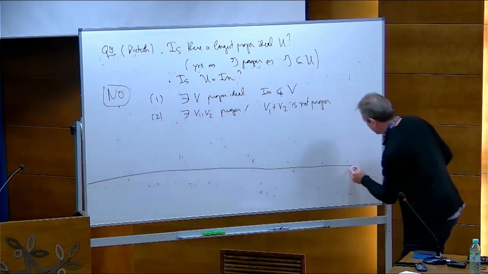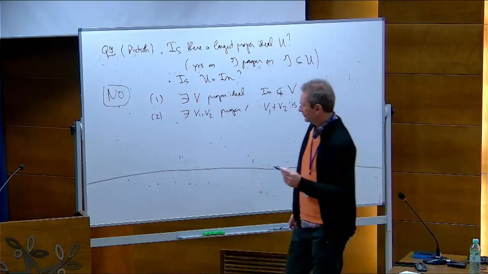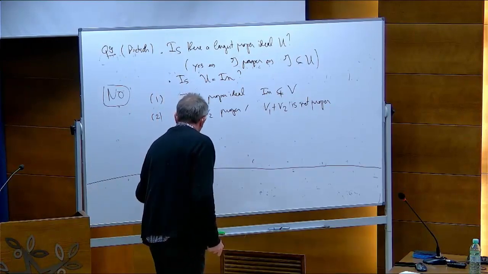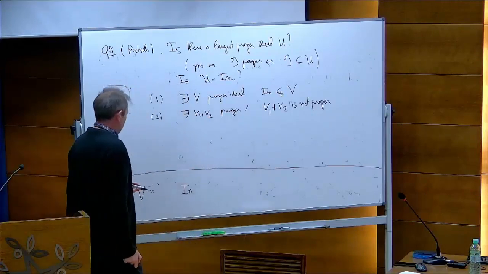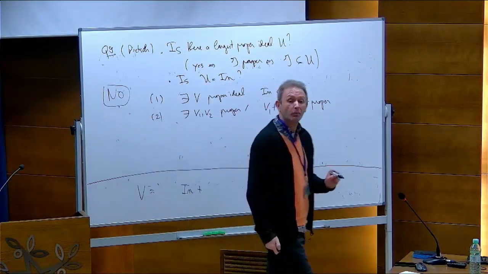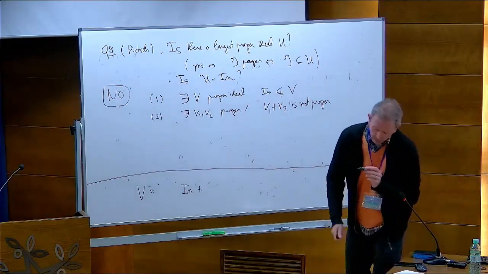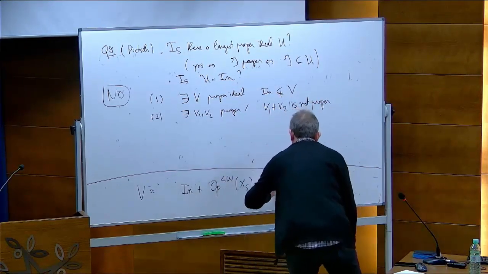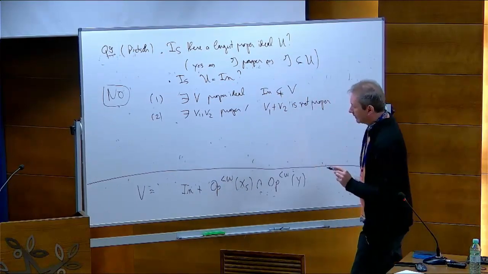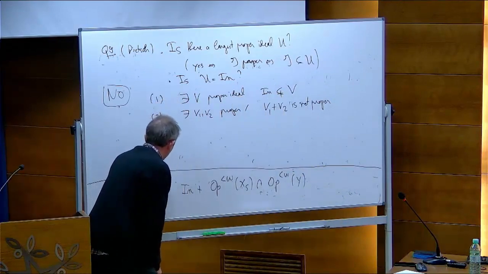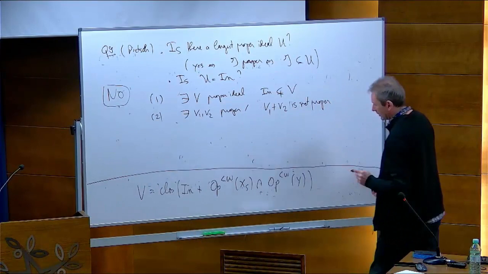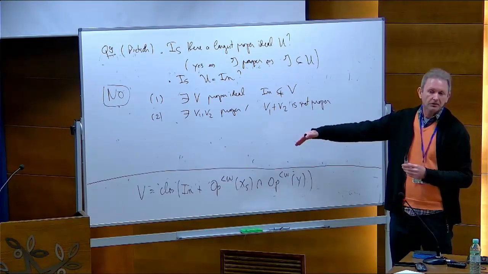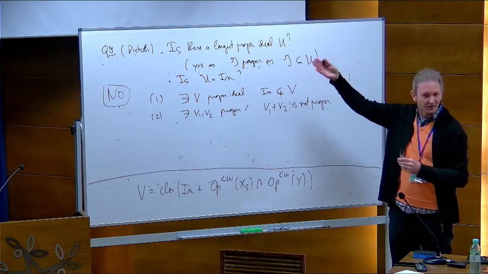So here I want to give the formula for this V. So V will be the sum of the ideal of inessential operators plus something, where the something will be things that I will define. It's more pleasant to have something which is closed, so I'm taking the closure here. And I should already point out that it's not a very natural ideal, right? It will not be as natural as the previous ones.